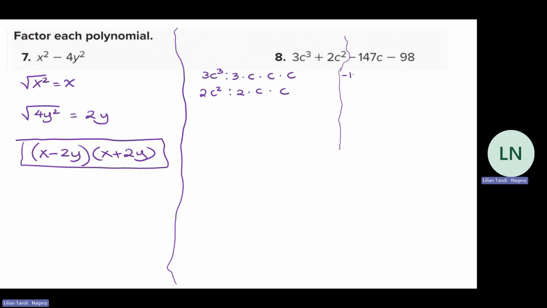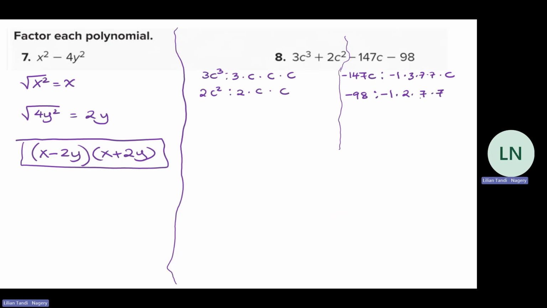This is negative 147c and negative 98. This becomes negative 1 times 3 times 7 times 7 times c. And this one becomes negative 1 times 2 times 7 times 7.